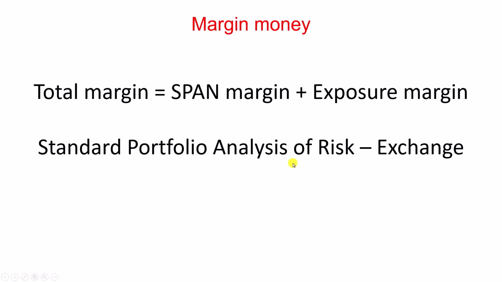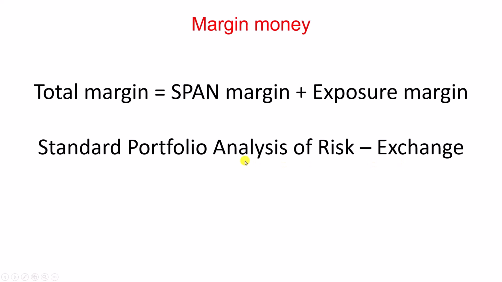So span. Now this is done by the exchange. This span margin value is calculated by the exchange, and this is blocked as per the requirement of the exchange. So how do they calculate it?